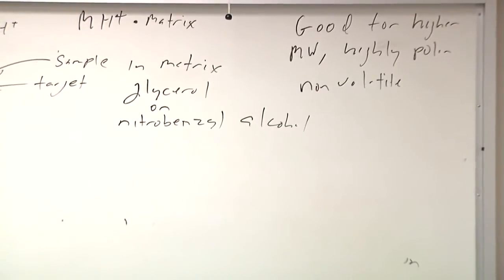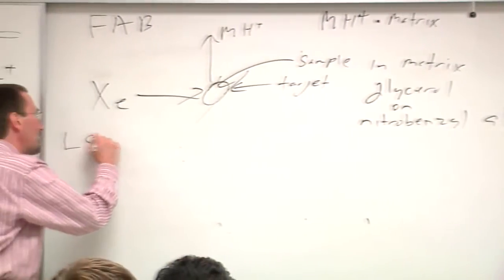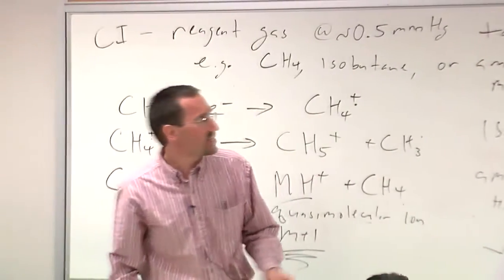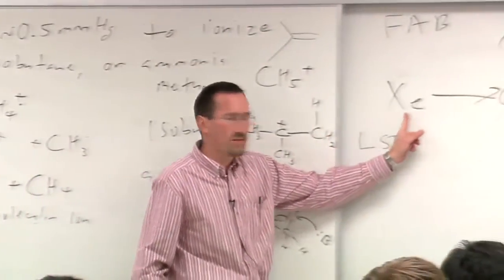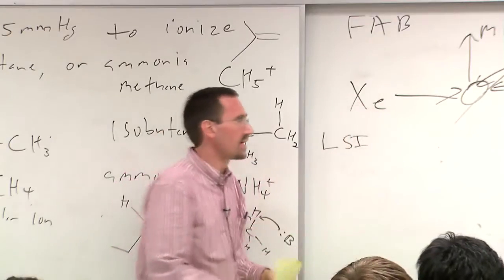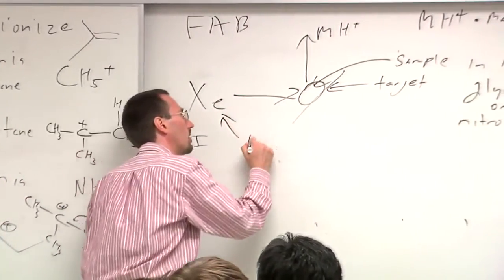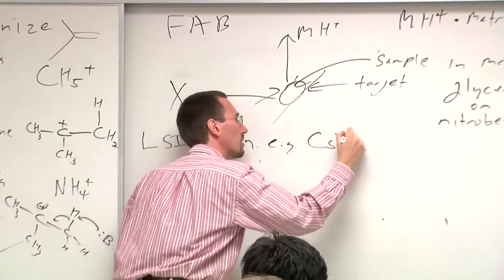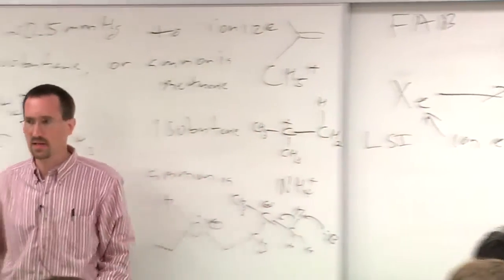As I said, there's a variant of FAB called LSI mass spec. In liquid secondary ionization mass spec, rather than firing an atom, you're firing an ion, such as cesium plus, but it's the same basic principle.